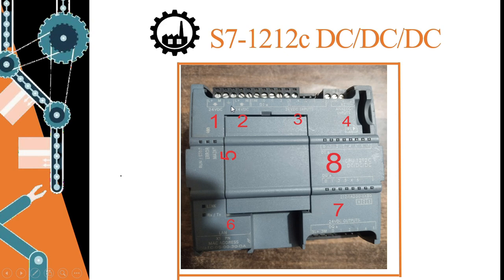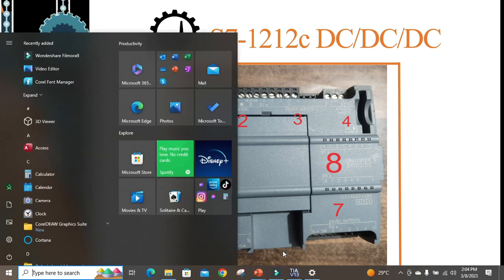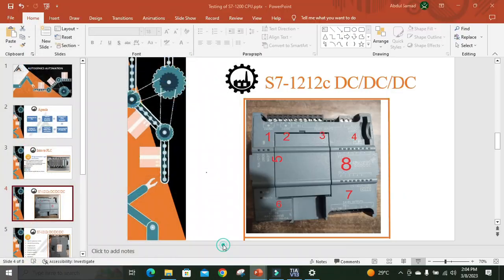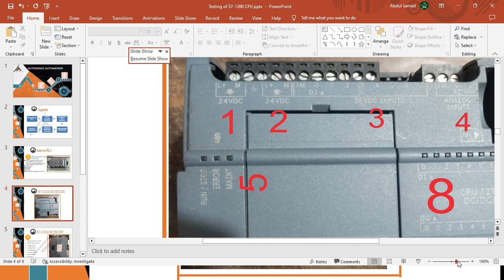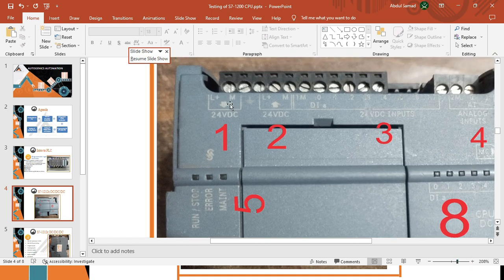Now we will take a close look at the numbers I have marked and see what these numbers mean. We will zoom in a little bit. The first number shows where we provide the 24-volt DC supply to energize our PLC. Point number 2: my PLC generates 24-volt DC and gives it as output, and I can use that 24-volt DC with my inputs and outputs if I want.